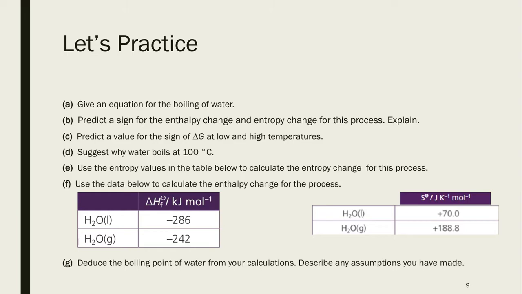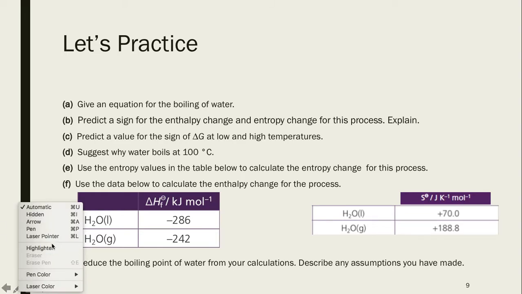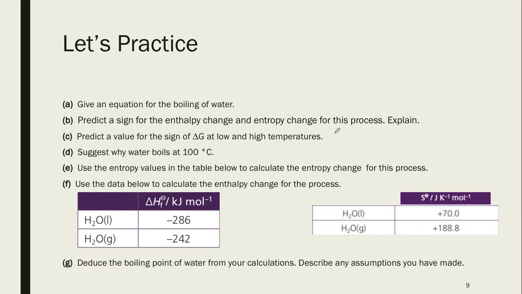Letter C says predict the sign of delta G at low and high temperatures. In order to do this, we have to remember that delta G equals delta H minus T delta S. That's our equation for Gibbs free energy.